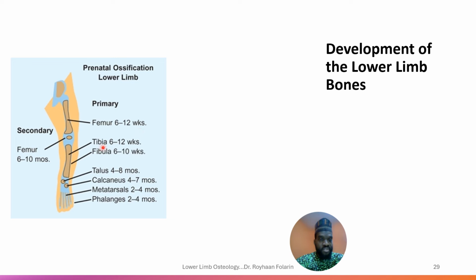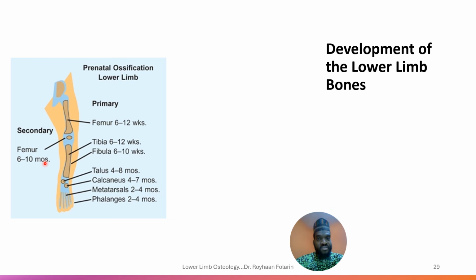For the tibia, 6 to 12 weeks as well. For the fibula, 6 to 10 weeks. And for the talus, calcaneus, and metatarsals, they appear at these respective numbers of months. While the secondary ossification center for the femur appears between 6 to 10 months.